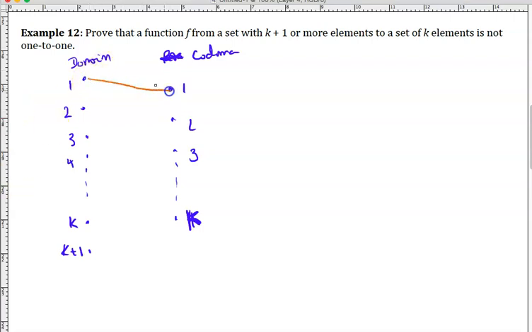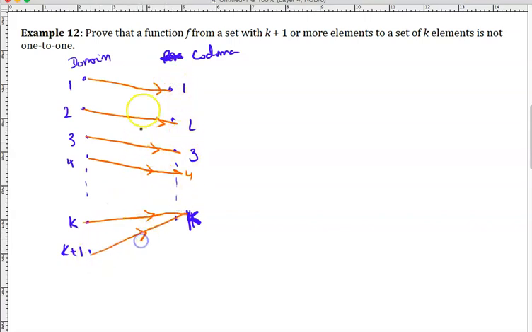You can do a one-to-one correspondence: 1 goes to 1, 2 goes to 2, 3 goes to 3, 4 goes to 4, and k goes to k. But this last element right here has to go somewhere if it's a function, and it has to go to one of the spaces that are already occupied, which means you have at least one value in the codomain that comes from 2 different x's, so this is not going to be a one-to-one correspondence. Not one-to-one.